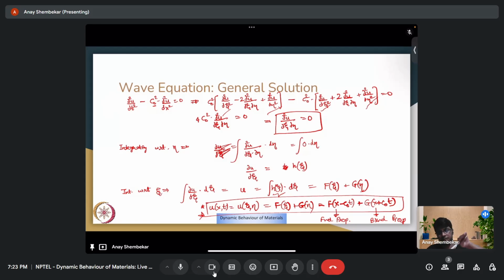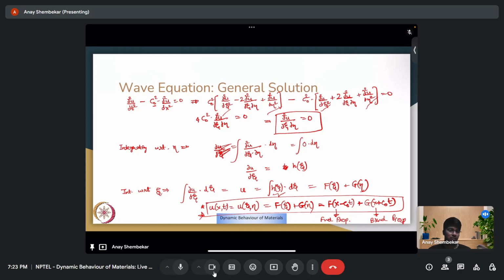Which means a particle towards the positive x axis would eventually be disturbed, and thus that's a forward propagating, positive x axis propagating wave.